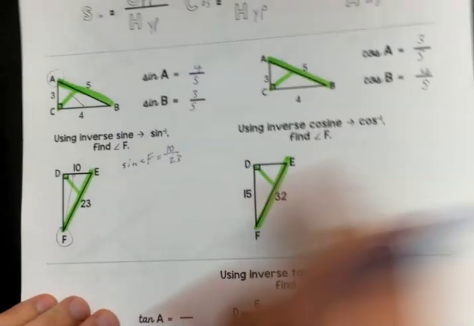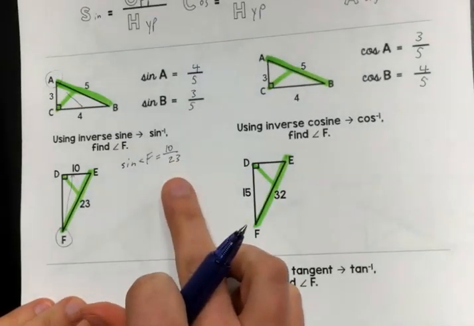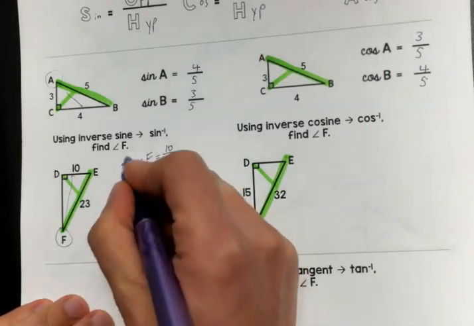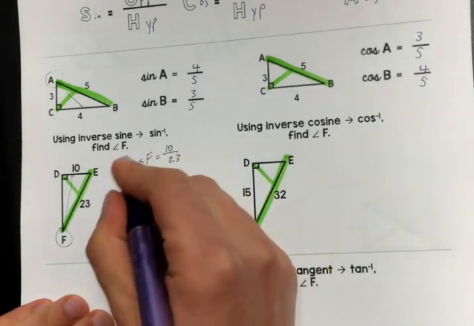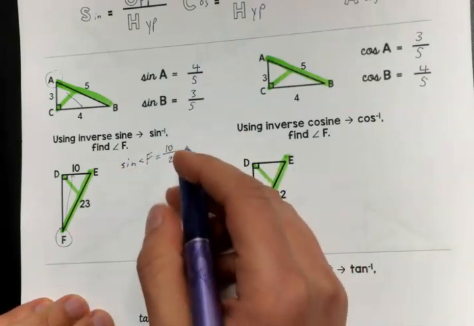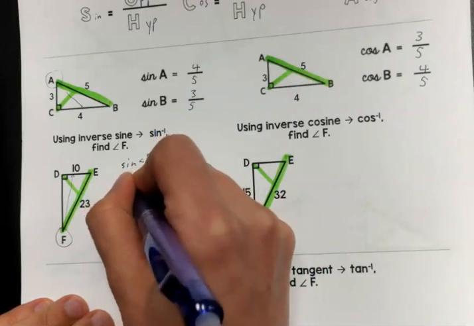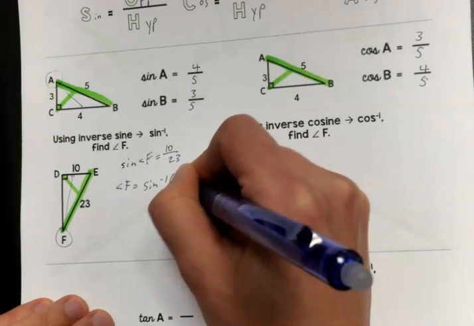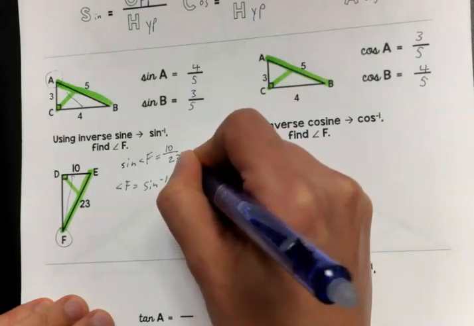So sine of angle F is 10 over 23. To get just angle F instead of sine of angle F, we have to get rid of this sine. To do that, we're going to say inverse sine on the other side. So angle F is equal to inverse sine of 10 over 23.